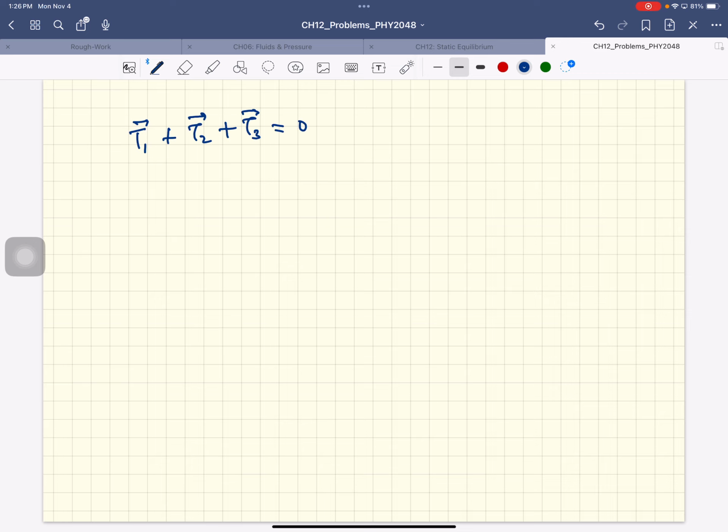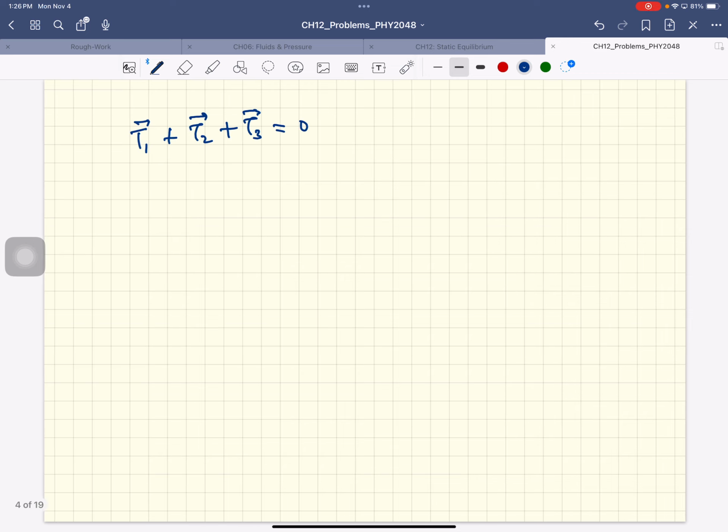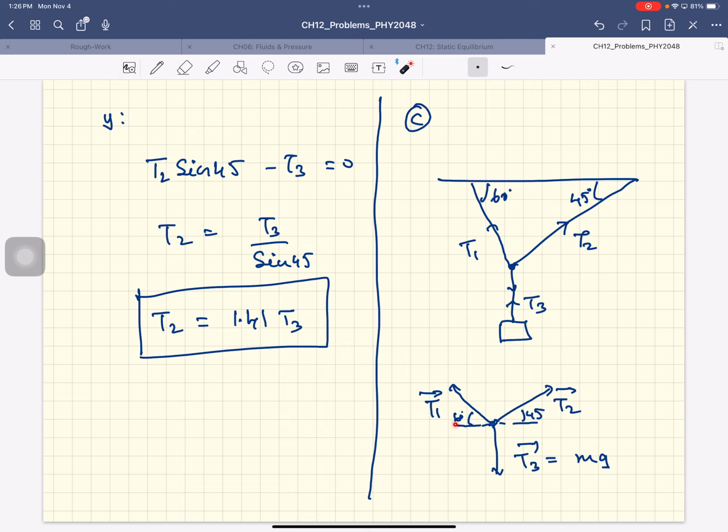Okay. So let's look at the x component of the forces. T3 doesn't have an x component, only this guy and this guy are balancing each other.